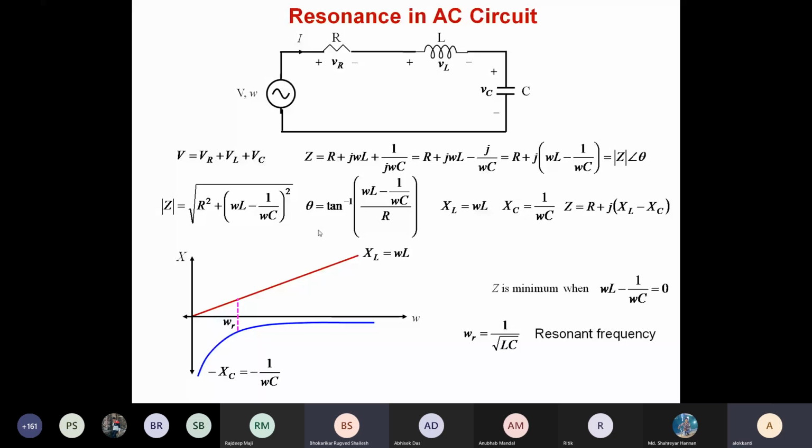Okay, sir. So now your current is basically given by V by Z. This is an AC circuit, so we are just going to use the word Z. V by Z is given by V by R plus J omega L minus 1 by omega C, and if you just consider the magnitude, this is the magnitude of the current.